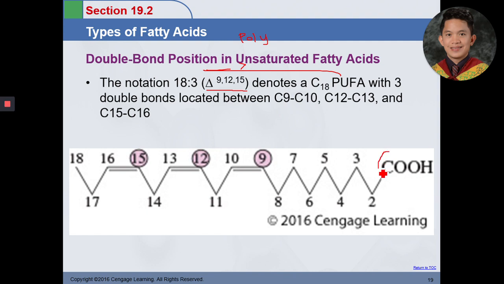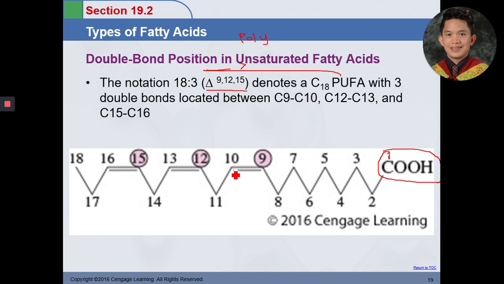We start counting the carbons from the carboxylic acid end. There is a COOH. The carbon here is carbon number 1, carbon number 2, carbon number 3, 4, 5, 6, 7, 8, 9, 10, 11, 12, 13, 14, 15, 16, 17, and 18.